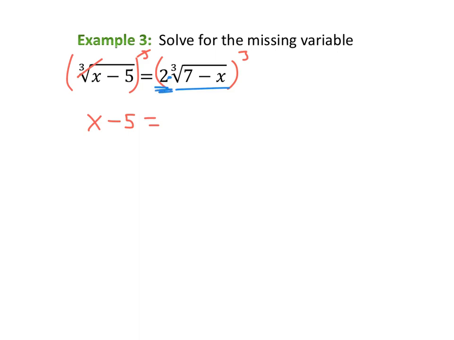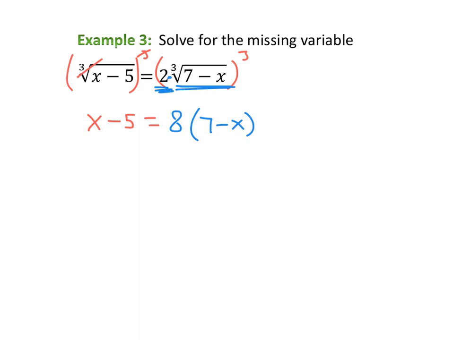So I have to do 2 cubed, which is 8. And I have to cube the cube root of 7 minus x, which basically cancels out the cube root, leaving me with 7 minus x. That's a lot of cubes and cube roots to try to say.